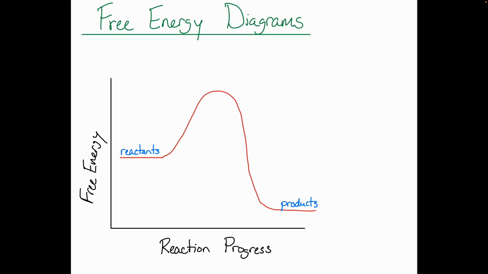All right. There's kind of two big pieces of information that we can get from this chart. One is by looking just at the endpoints, so looking at where the reactants are relative to the products, right? So this gap right here would tell us our delta G of our reaction.